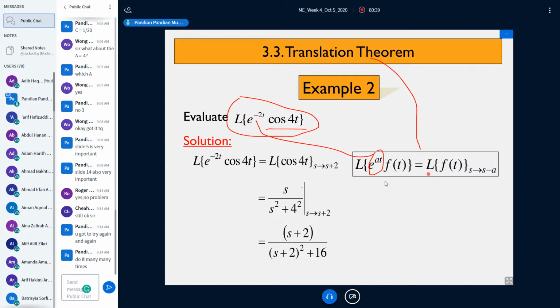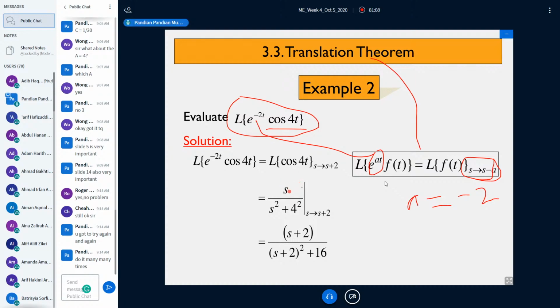Laplace of e^(at) f(t) equals Laplace of f(t) where s becomes s minus a. Your a is minus 2 in this case.